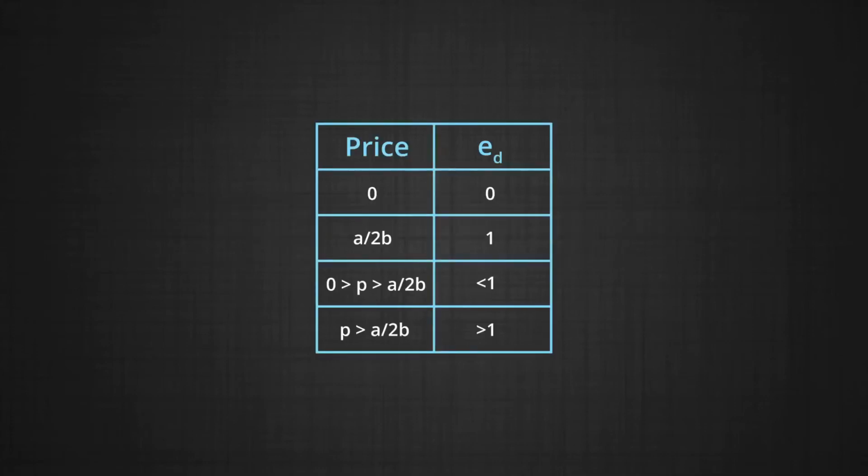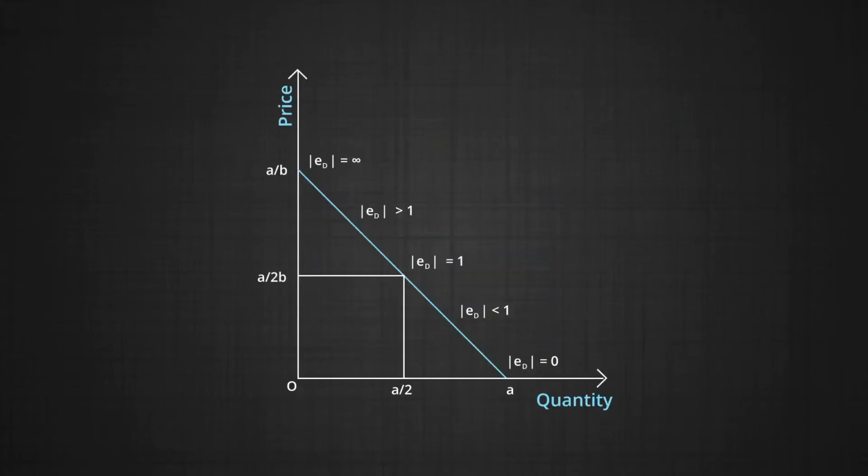The table presented here shows the elasticity for various prices observed for this demand function. The diagram that follows depicts the same graphically. So, what is E_D when Q equals 0? You can see from equation 3 that it will be minus BP divided by 0, which is infinity.